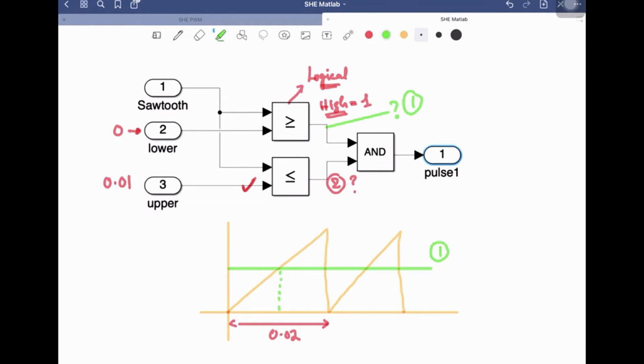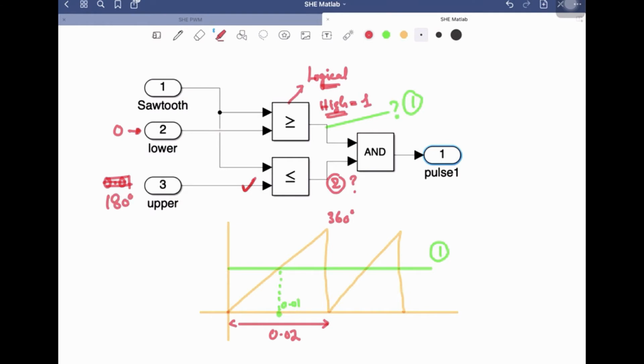Let's suppose this is the point of 0.01 seconds on the time scale. Up to this point, your upper value is higher than the sawtooth waveform, because you have entered 0.01. If I consider that this height is 0.02, or in terms of angle, as we have developed this in terms of angle, it varies from 0 to 360, and instead of 0.01 I enter 180 degrees over here.